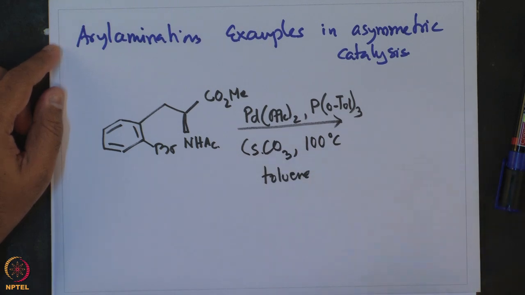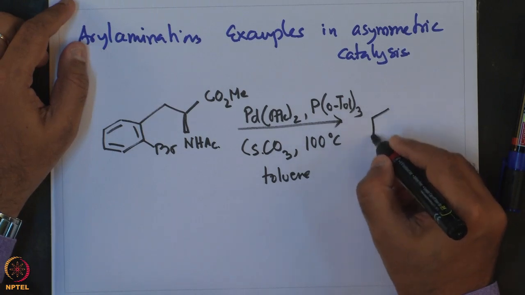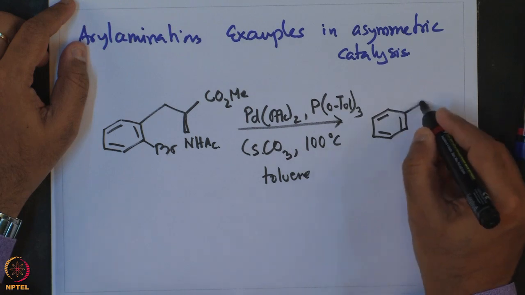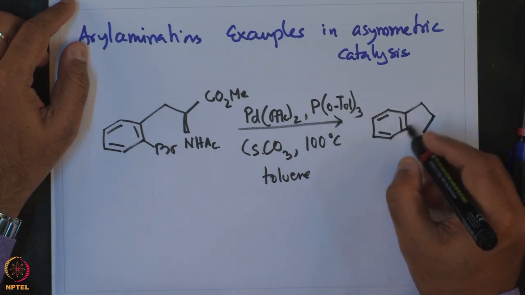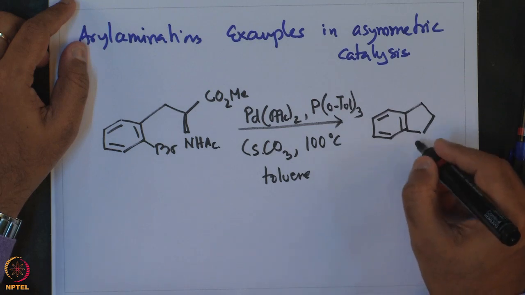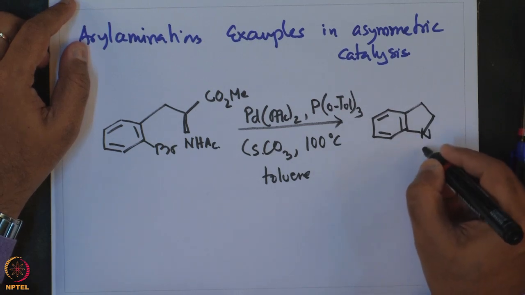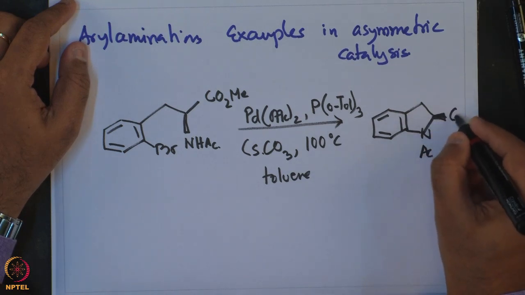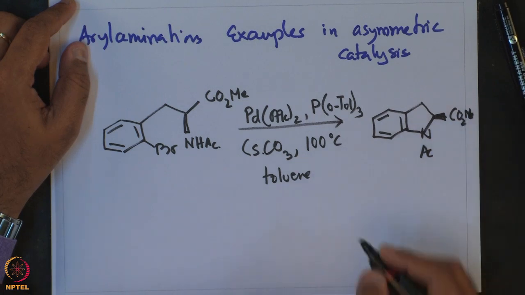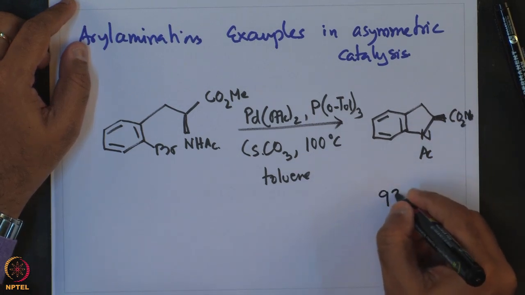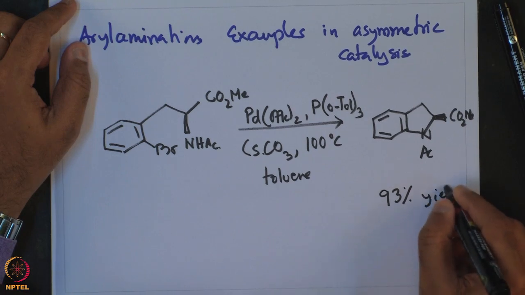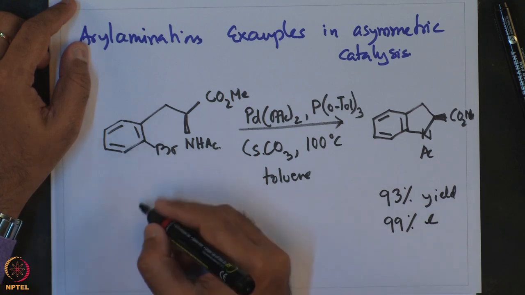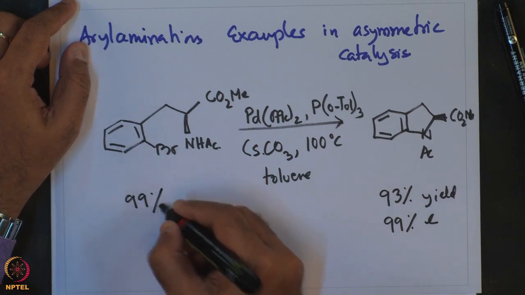gives the desired complex, a bicyclic complex containing a few 6-membered and 5-membered rings, with NHAc and CO2Me, in 93% yield and 99% ee, and this one is also optically pure at 99% ee.